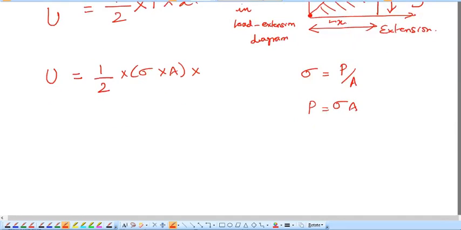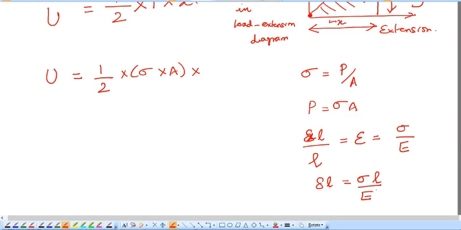We know that the change in length by original length is the strain. Also the strain is given by stress by Young's modulus, or I can say like this: change in length is equal to stress into the original length divided by the Young's modulus.